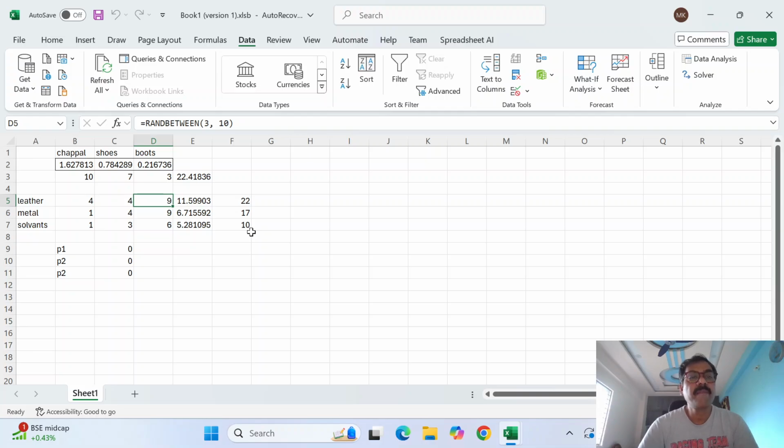So for 10 units of chappal, I see every time the solver is suggesting more price for chappal, less price for shoes and even lesser price for boots. Maybe because I would like to produce 10 units of chappal, it is giving more price to chappal, a little less to shoes and much less to boots.